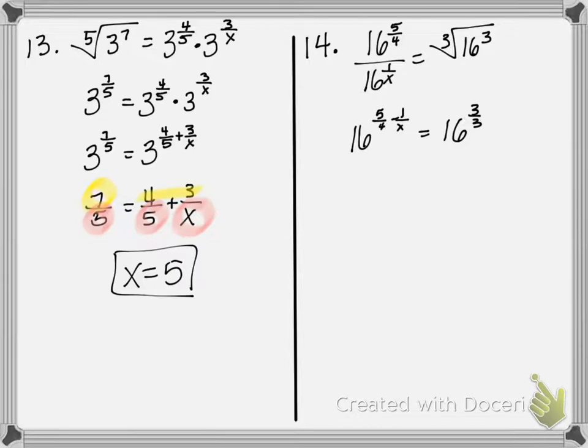Since bases are the same, I can set the exponents equal, and I can't do the same thing I did on number 13 in the same way, because 5 minus 1 is 4, not 3, and I already have some mismatched denominators. So instead, I'm going to subtract 5/4 from both sides.